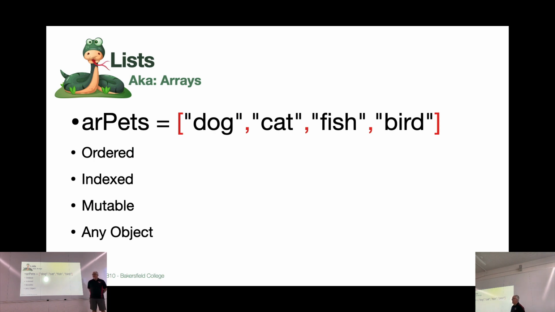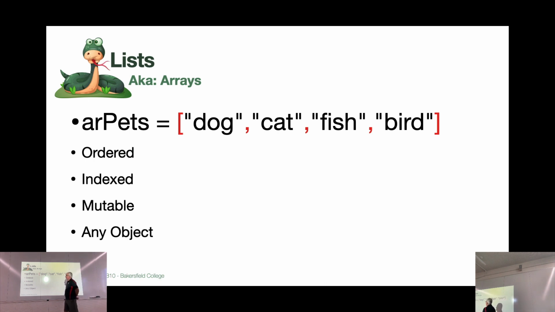I can have any kind of variable in here or any kind of object, including other lists, including dictionary objects, including even classes and objects later on, as we'll see. Lists are very handy for organizing things, for keeping things together as a collection, and for structuring your data.